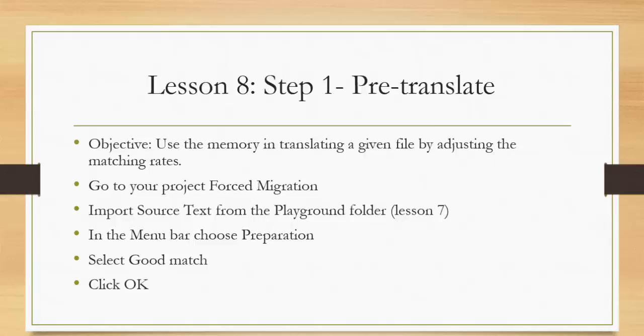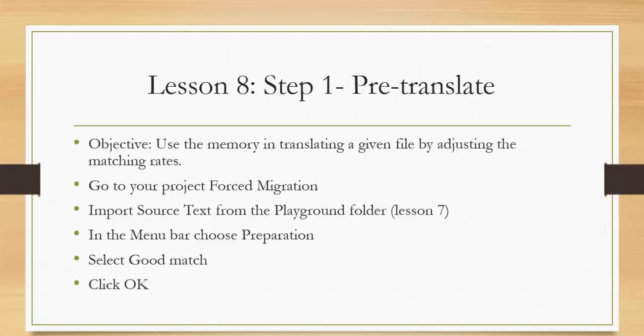Let's now begin with what we call the pre-translate function. This function allows us to enter into the memory and get the best matches possible to the file that you give to the memory. Of course, there are some options that we can use. Later on we will explain them, but now let's do the pre-translate.